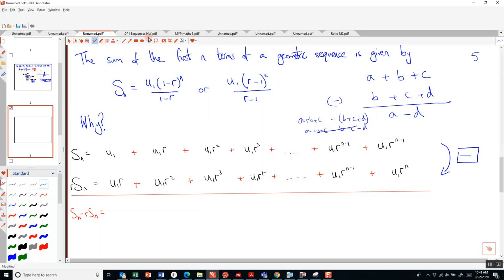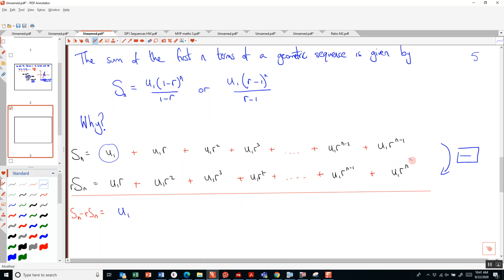So what am I left with in my geometric sequence here? u1 r to the power of n. Right, okay. I'm left with u1, and I'm subtracting off all the bottom line, so it's minus u1 r to the power of n, because these all cancel each other out effectively.